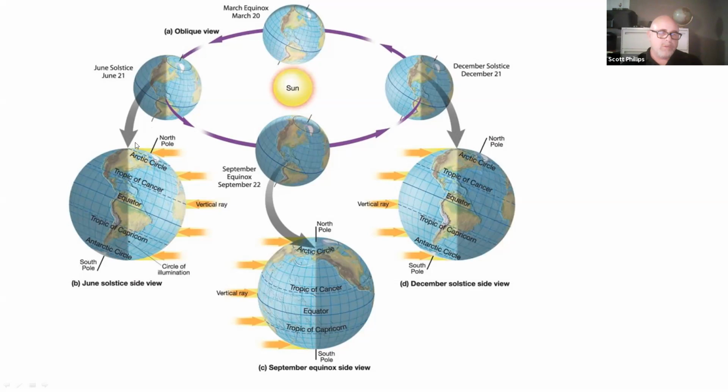The northern polar region is in complete daylight, and the southern polar region is in complete darkness. And then in between we have an equinox, and when the equinox is happening, all latitudes everywhere on Earth receive an equal amount of sunlight. And the days are of equal length. Everywhere is 12-hour days. So equinoxes are equal, the solstices are the extremes.